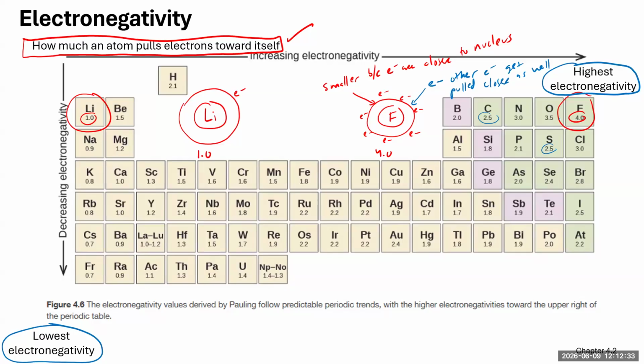But for the most part, we're going to stick with just trends. I don't want you to memorize these numbers. Again, highest electronegativity is up and to the right, lowest is down to the left, and electronegativity is how much an atom pulls electrons toward itself.